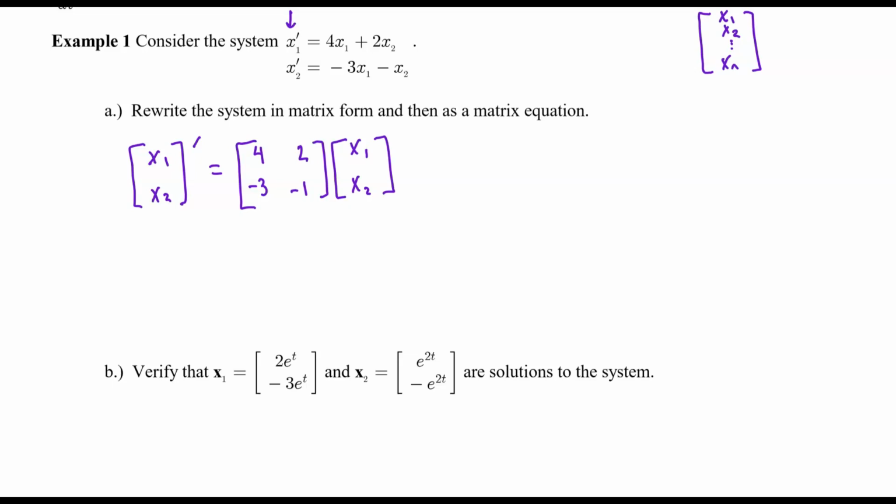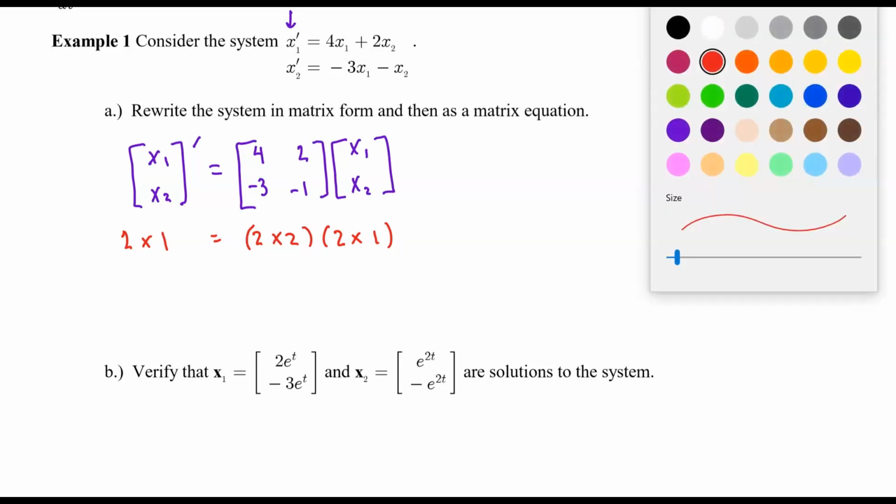So there may be a few things you need to learn about matrices. First of all, let's look at size. On the left side, we have 2 rows and 1 column. So that's a 2 by 1 matrix. On the right side, we have a 2 by 2 matrix, and we're multiplying it by a 2 by 1. Remember, rows are first, columns are second.